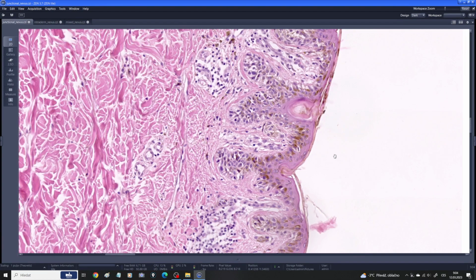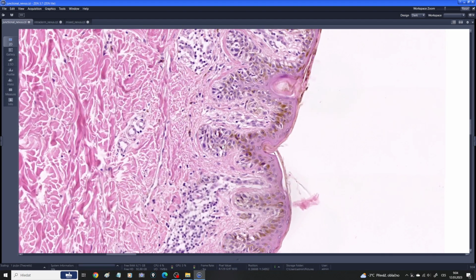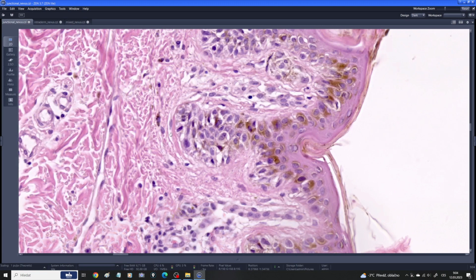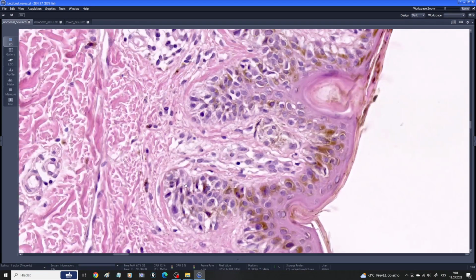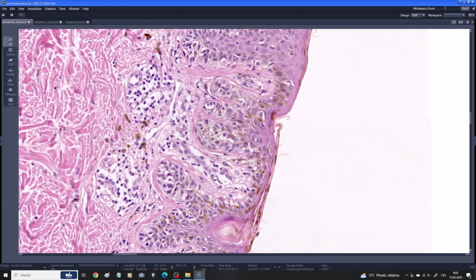And what are the main features that help us to differentiate a benign nevus from melanoma? So first of all, there is no atypia. The melanocytes look quite bland, there is no increased mitotic activity, so there is no cytological atypia that could be worrisome. That's the first thing.